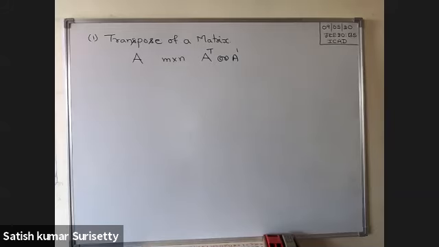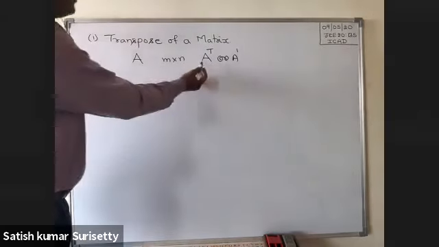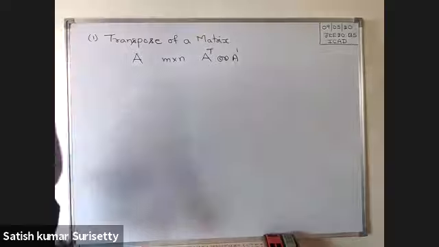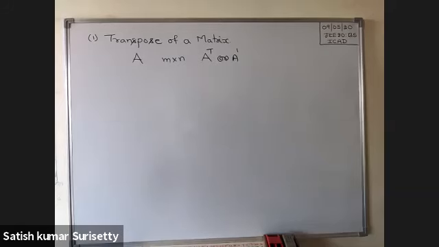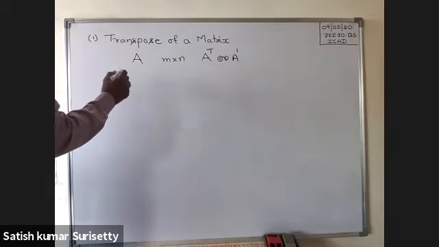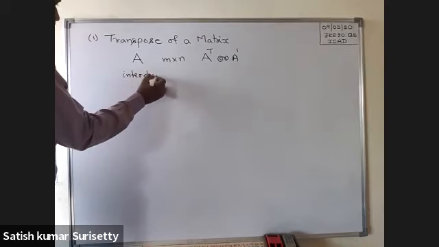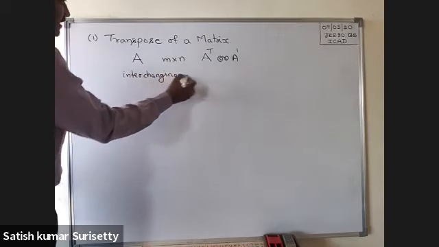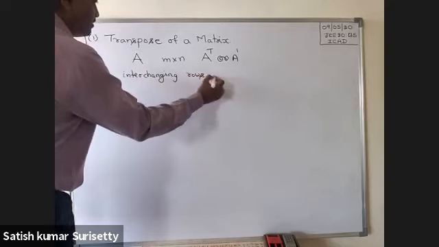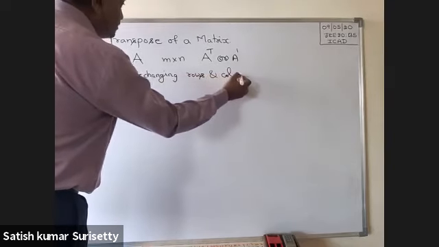If A is a matrix of order m by n, then the transpose of it is denoted by A transpose or A dash, and is obtained by interchanging rows and columns.